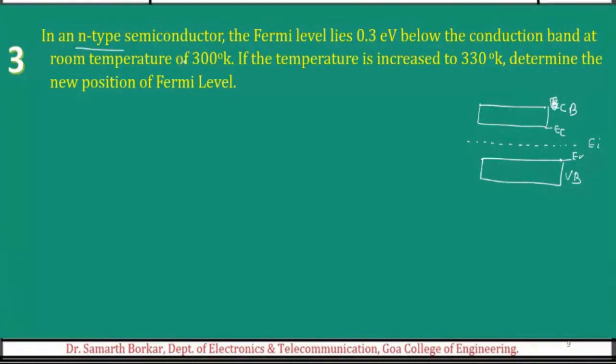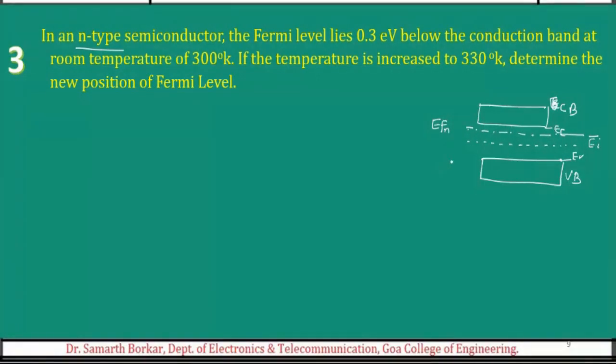If it is an n-type semiconductor, the Fermi level will lie closer to the conduction band. Fermi level, and we can mark this as N, the Fermi level of electrons here. It is nearer to the conduction band. Why it is nearer, that we have discussed.